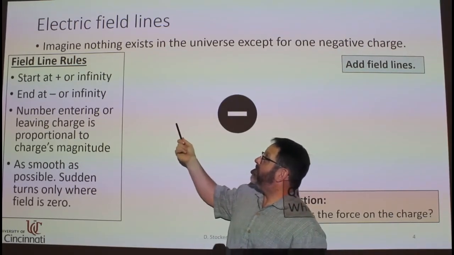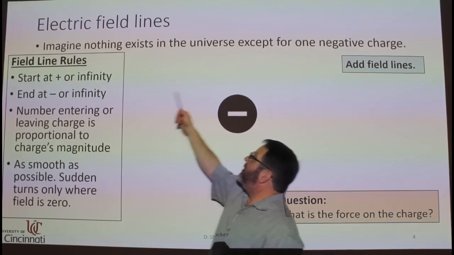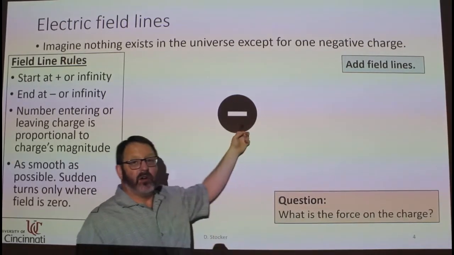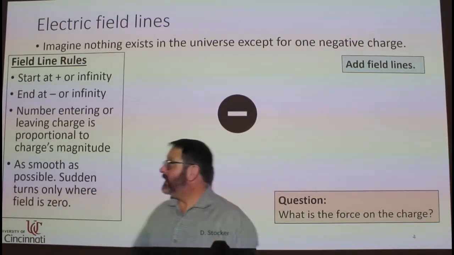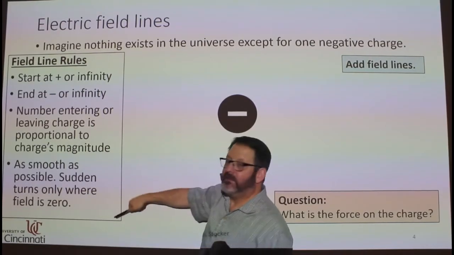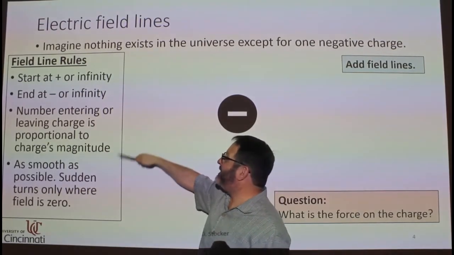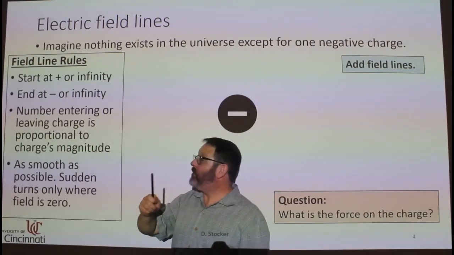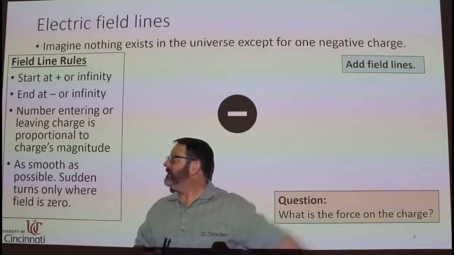So first, electric field lines. Imagine nothing exists in the whole universe except for one negative charge. Now, electric field lines, we have a set of rules for how we can draw them. Field lines can start on a positive charge, or they can start at infinity.